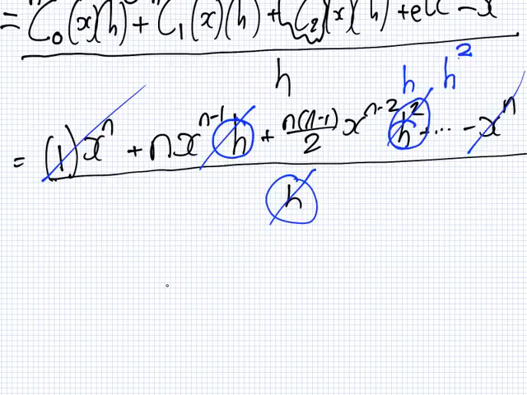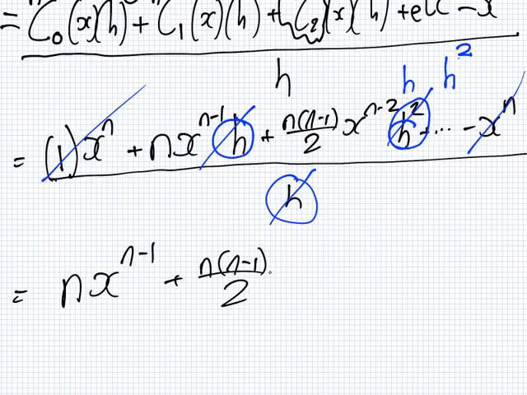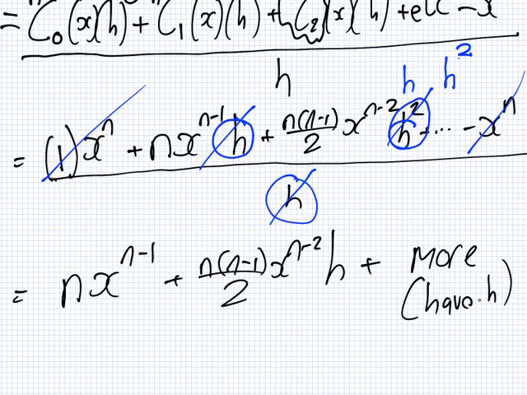So now we are left with n x^(n-1) plus n minus 1 over 2 x^(n-2) h plus more terms. But they all have h in them, which is all I care about, because when I make h go to 0, these will all go, leaving me with just this.